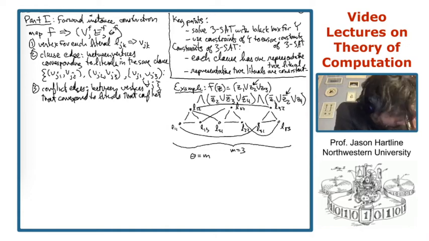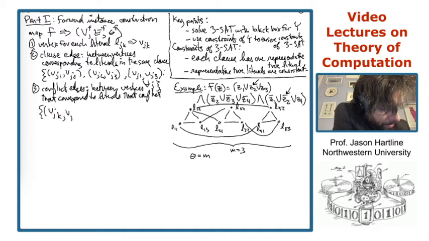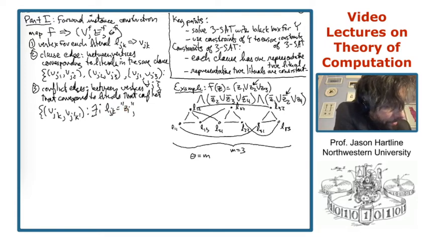Okay, that is, I'm going to add the edge between (j, k) and (j prime, k prime) if there exists an i such that l_jk equals zi and l_j'k' equals zi bar.